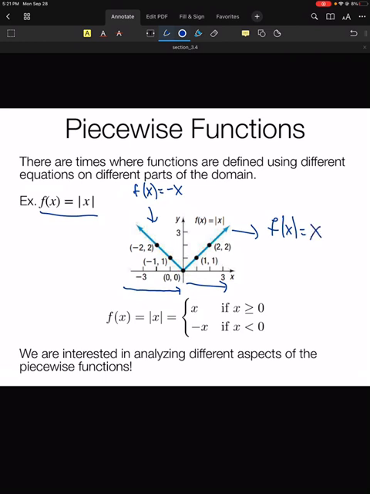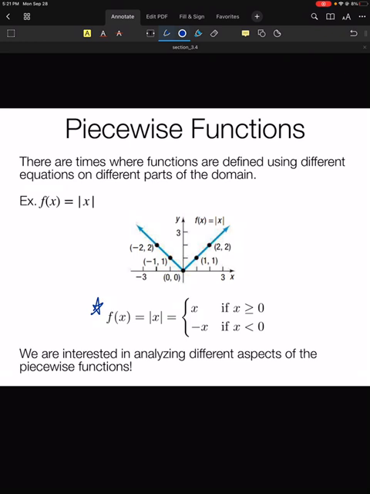And that is, in fact, what's happening, and we look at this function when we describe it algebraically, i.e. with an equation using this notation right here. This is the piecewise notation that you will get used to over the next few slides.